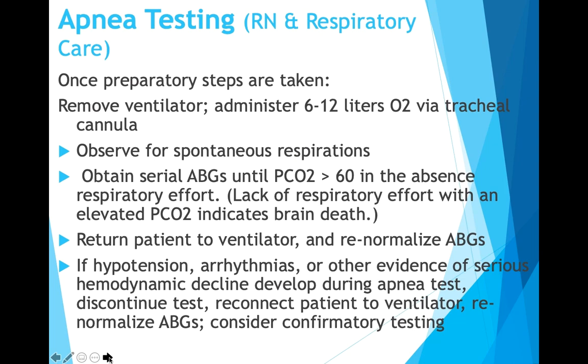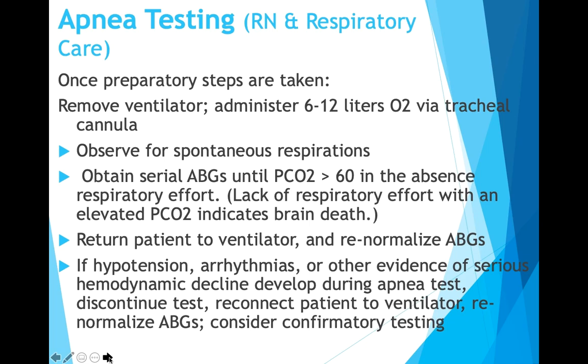So then the apnea test is done with the respiratory therapist and the registered nurse. Once all the preparatory steps are taken, you do your confirmatory blood gas to start the exam. Then you're going to remove the ventilator, and you're going to put between 6 and 12 liters of O2. They just put a little cannula down into the endotracheal tube to allow for oxygen down through the tube.